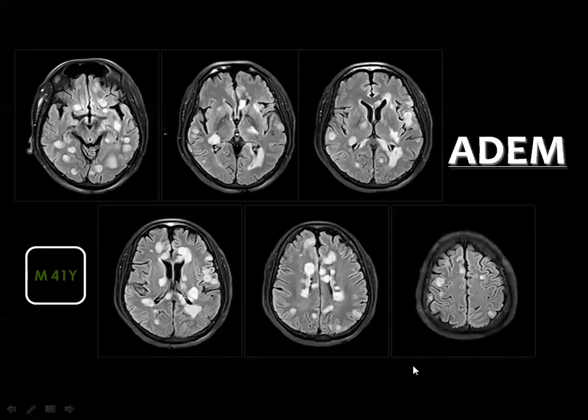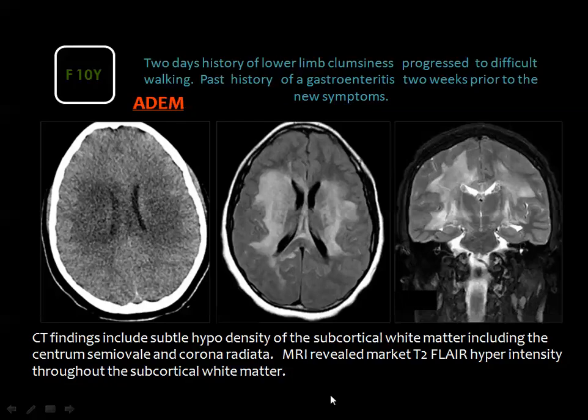The MRI of the same case, these are axial FLAIR images, showed extensive patchy lesions in the white matter of both cerebral hemispheres, and the delineation of the lesions is, of course, better seen in MRI compared to the CT scan.